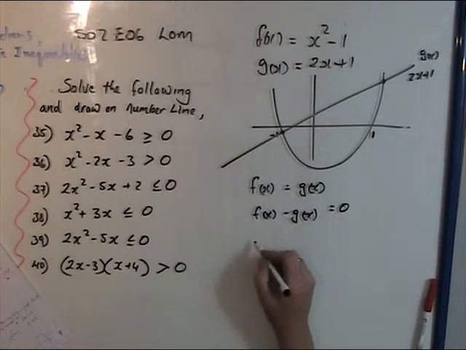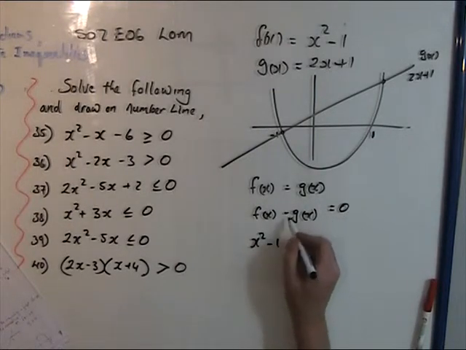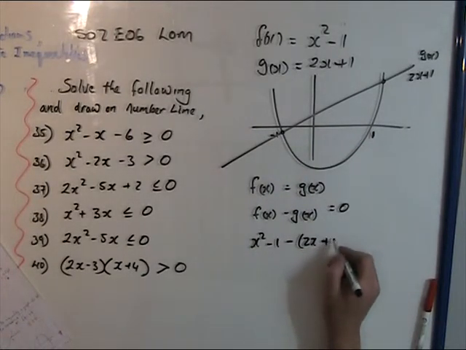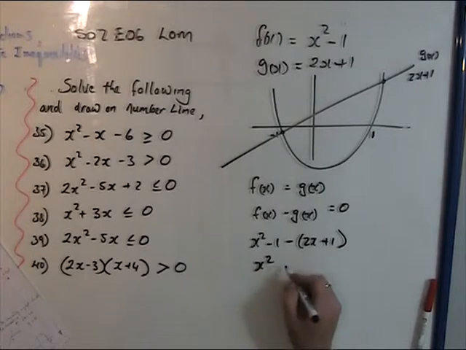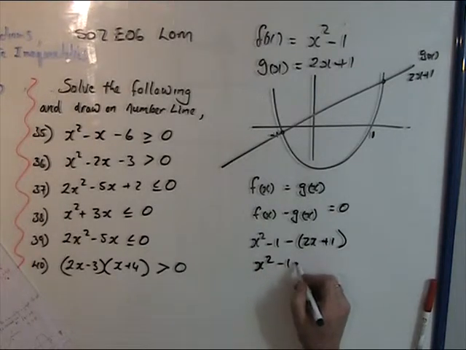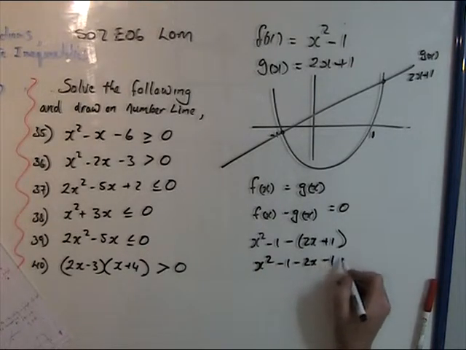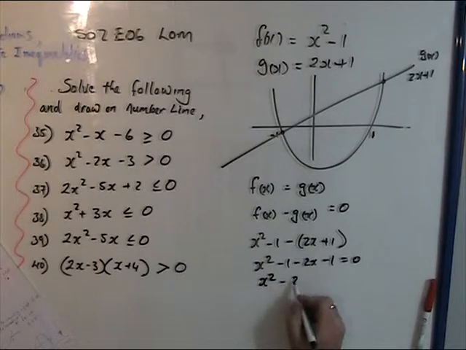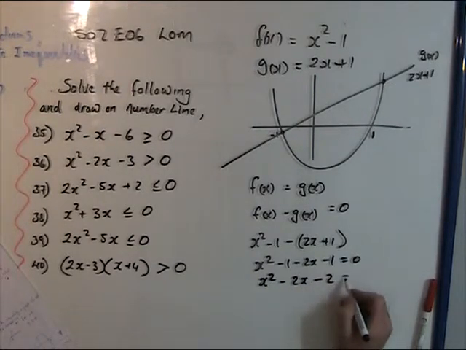So you've got x squared minus 1 minus (2x plus 1), which is x squared minus 1 minus 2x minus 1 equal to 0. That gives x squared minus 2x minus 2 equal to 0.